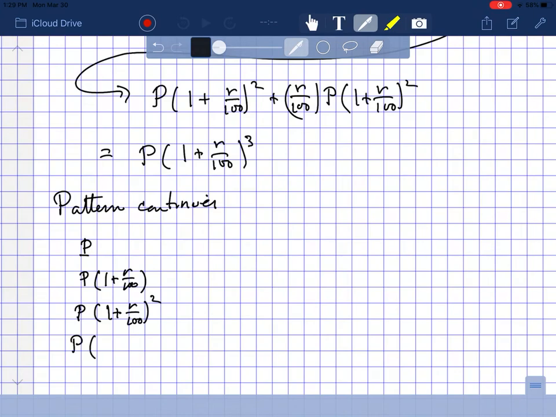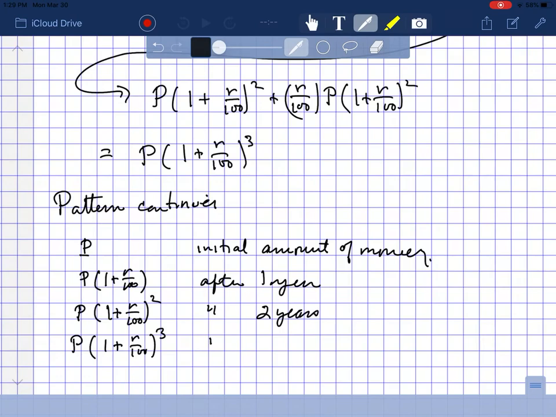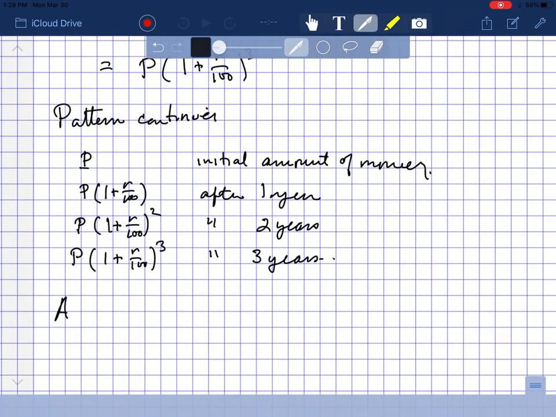And at the end of 3 years, the amount of money is P times 1 plus R over 100 cubed. So this is the initial amount of money, and this is after 1 year, after 2 years, and after 3 years.